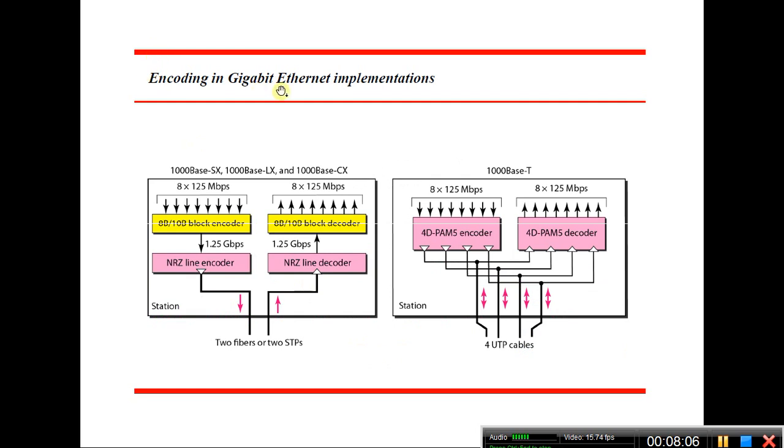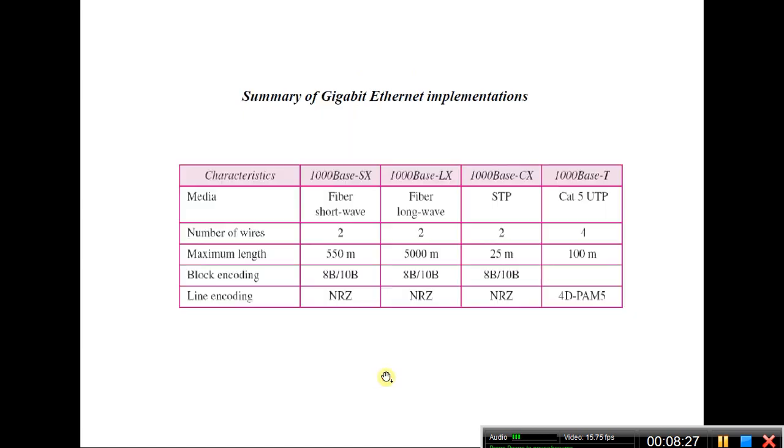Encoding in gigabit Ethernet implementation: it uses NRZ line encoder in 2 fibers or 2 STP cables, and 8B/10B block encoder, and it uses the 4D PM5 encoder in 4 UTP cables.